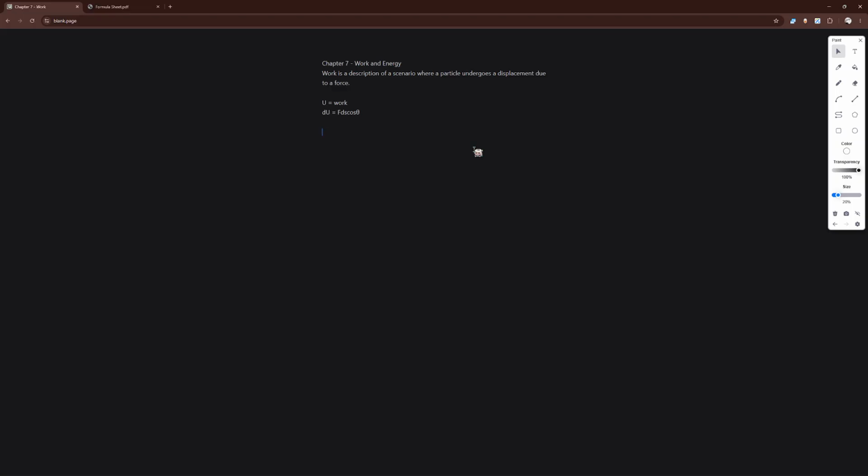Anyways, if you have all these terms and then you integrate, you get U is equal to Fs cos theta, and that is the work. That is the work equation.